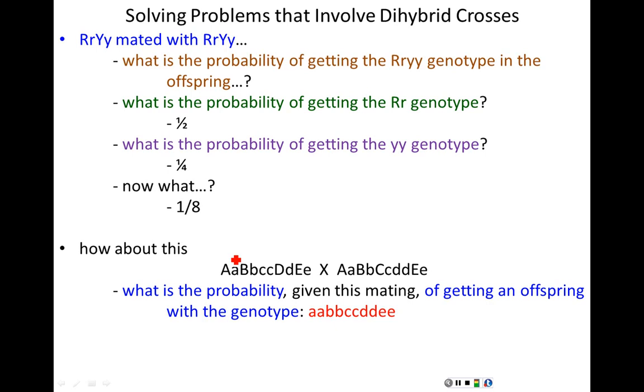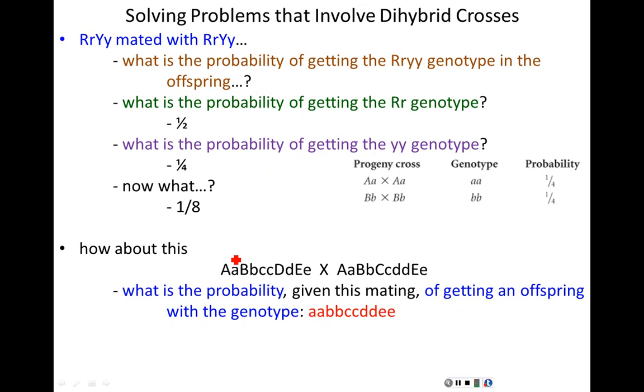Just the A's first. If you just consider the A's, what's the probability of getting the homozygotic recessive A genotype? It's 1/4. When you cross a heterozygote with a heterozygote, you have a 1/4 chance of getting the 2 recessive alleles. Now just the B's. What's the probability of getting the homozygotic recessive B's?